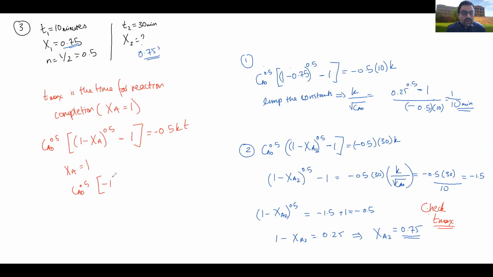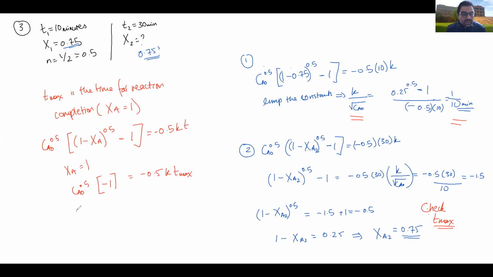So I get minus 1 is equal to minus 0.5 K Tmax. And K over CA naught to the half, if you recall, K over square root of CA naught is equal to 1 over 10.